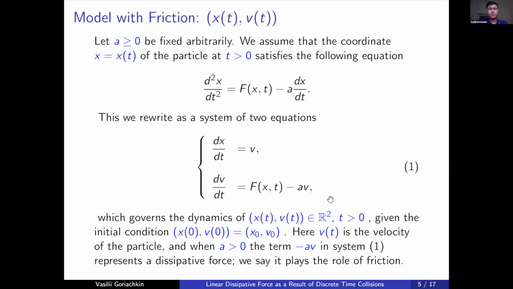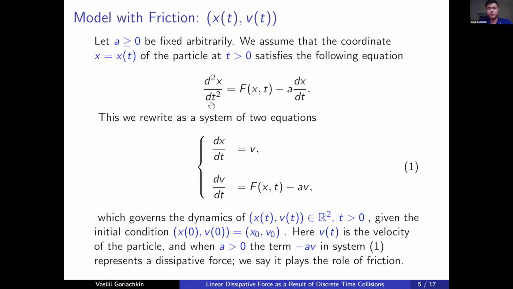Okay, so consider the first model, when there is a friction force. We take some constant A and fix it, and then we can describe the movement of the particle through the following differential equation. This is just the sum of all forces acting on the particle.